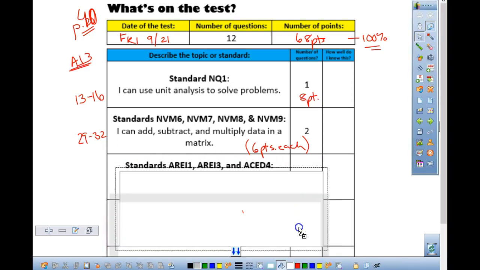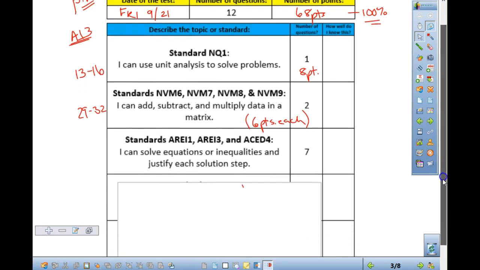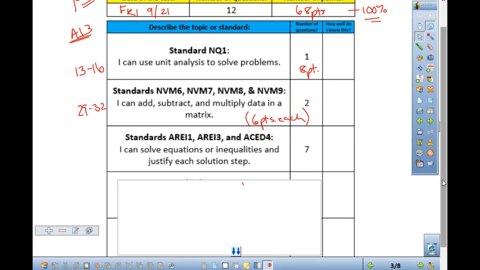The next standard that we are taking a look at, there are 7 questions. This is where a big majority of your points are coming from. You're going to solve the equations or inequalities, and you have to justify the steps. So when you are looking at the review, this is where you're solving and graphing, so it's going to be like 1 to 12 on the review.